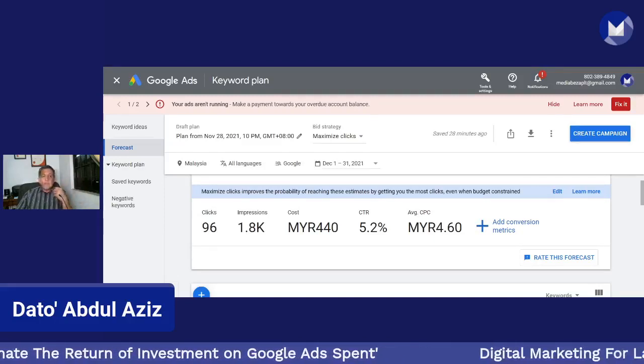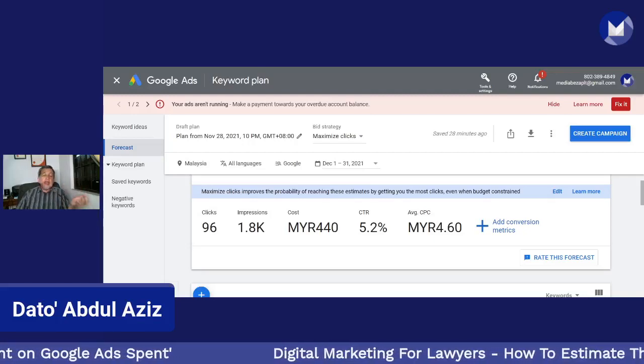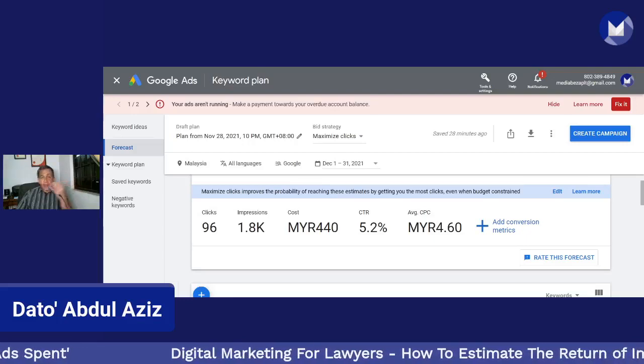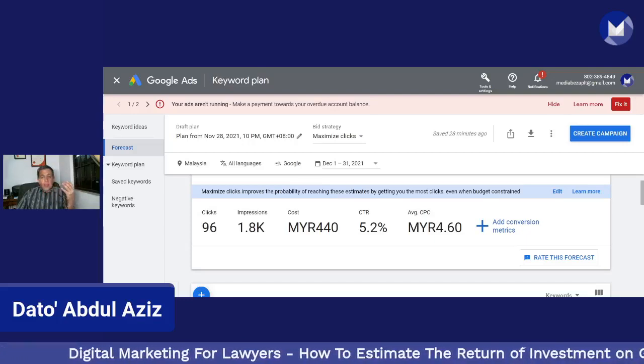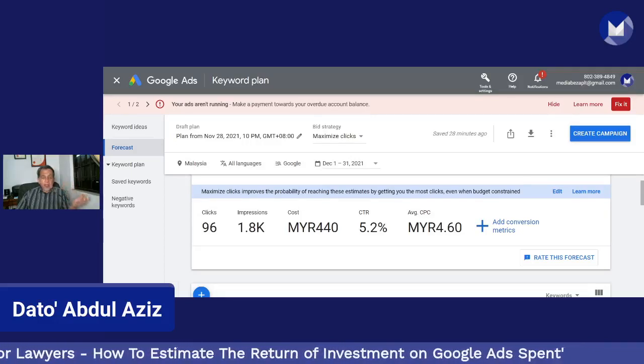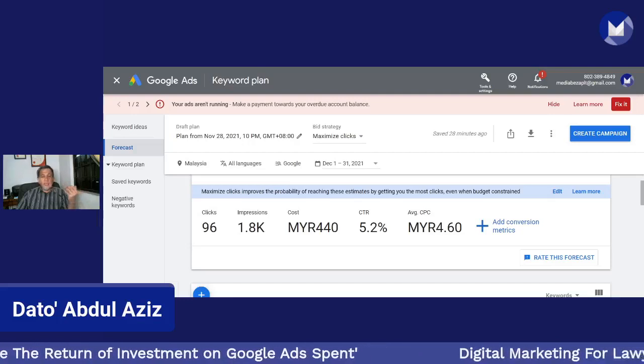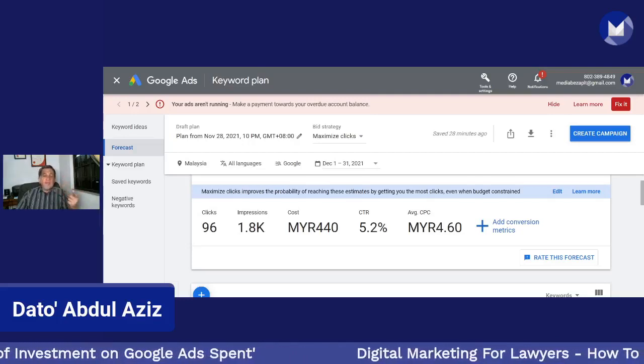Now, does it stop there? Of course it doesn't stop there. Let's say only five actually come to see you for the initial consultation. You have already charged them 200 ringgit each, so that's already 1,000 ringgit there. Now let's say only one of them becomes your client.